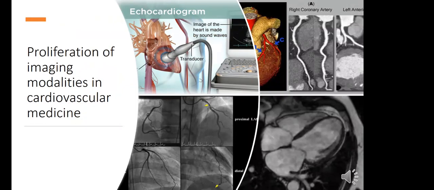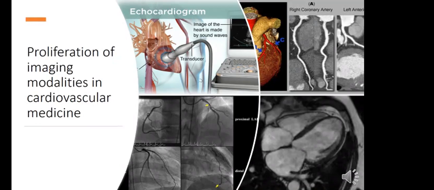It includes echocardiography, which is an ultrasound of the heart that provides dynamic images and information about the structure and function of the heart and valves. There is cardiac computed tomography, which provides non-invasive details on the anatomy of the coronary arteries and the distribution of plaque, as well as the heart chambers.